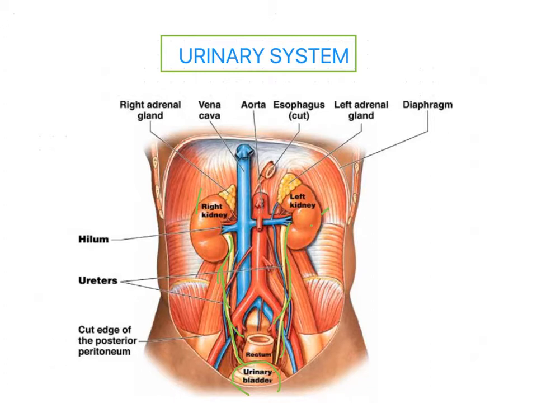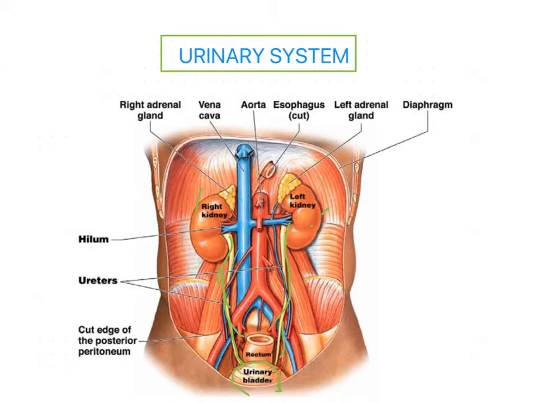The urinary bladder is a muscular organ, commonly called the temporary reservoir of urine. The urine is expelled through the urethra, which is the terminal part of the urinary tract, and the urethra is controlled by an external sphincter. So these are all the structures present in the urinary system.